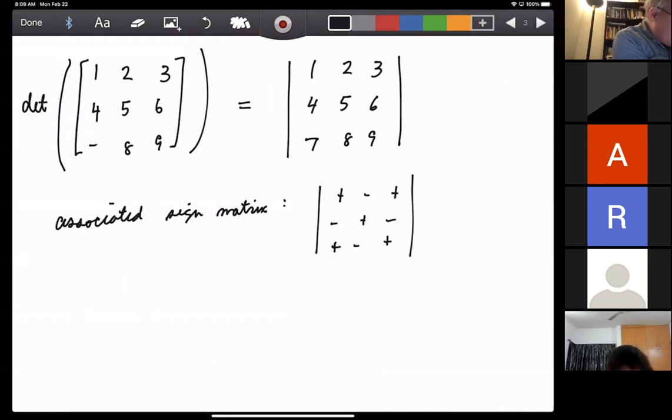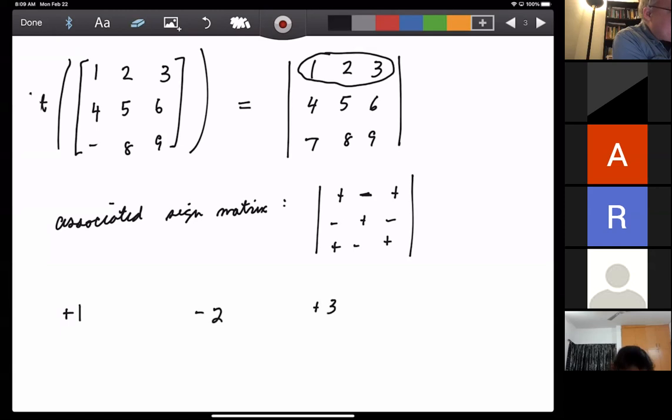You could think of taking any row or any column of your determinant. I'm going to take the top row here. I'm going to copy the entries of that row with the signs that come from this matrix. So there's a +1, a -2, and a +3.